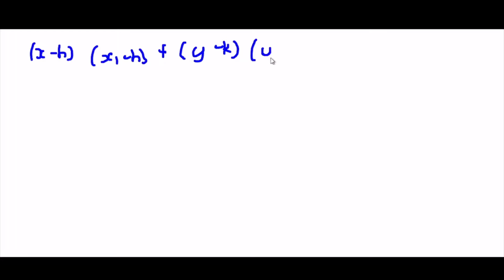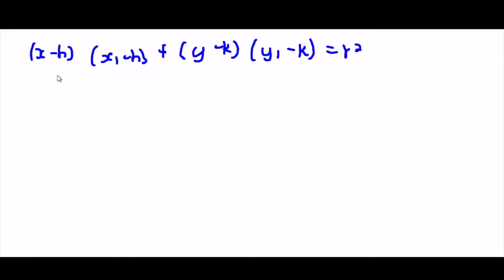So on that, we are going to now go to our formula, which is (x - h)(x1 - h) + (y - k)(y1 - k) equals r squared.